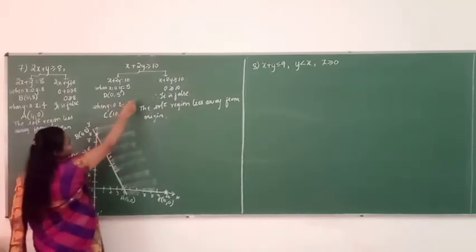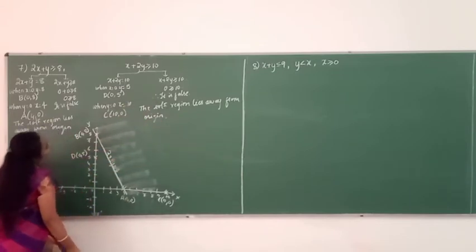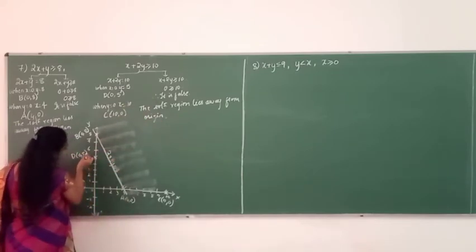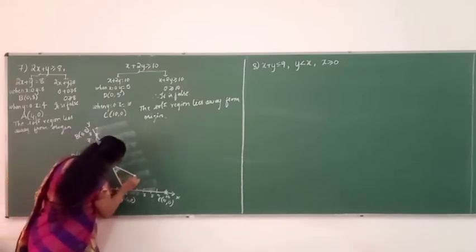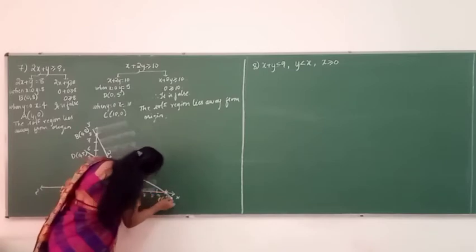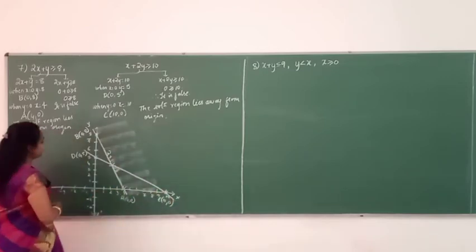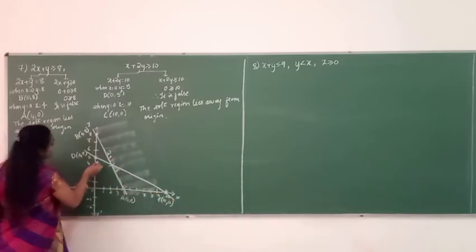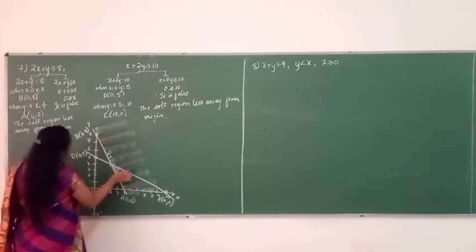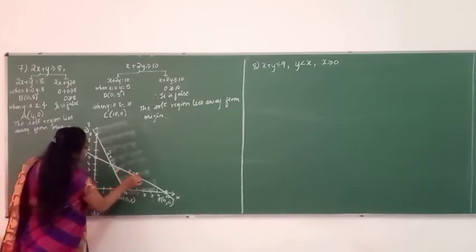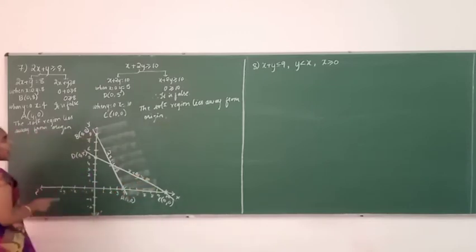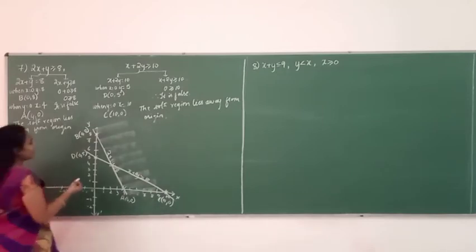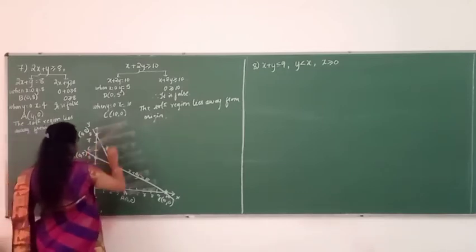So just check out here, the inequality is nothing but a bounded line. You can mention on the bounded line that x plus 2y is greater than or equal to 10. As the inequality is false for the second one, it lies away from the origin.